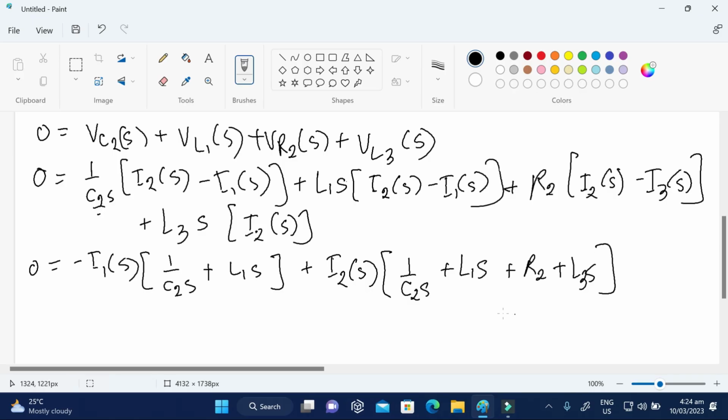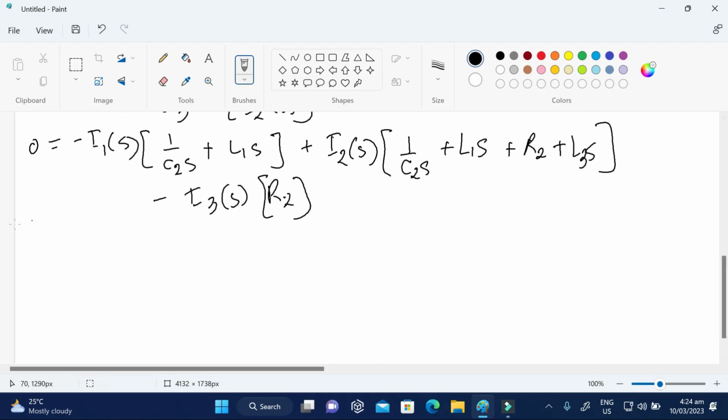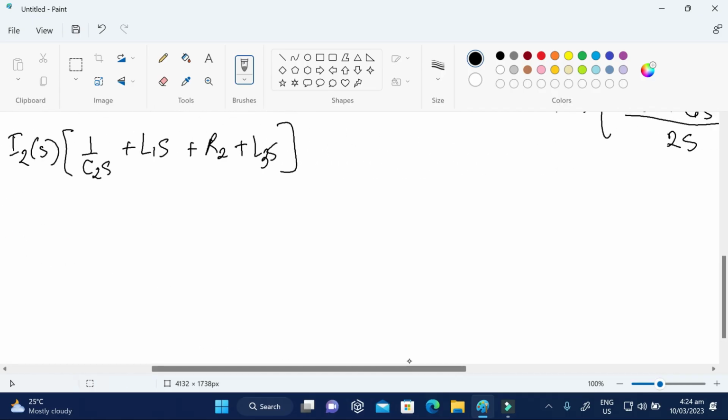Okay, no? So, meron pa tayong I3, minus I3S multiplied by I3. Isa lang, si R2. Okay, so, substituting the values of the components, minus I1S multiplied by C2.